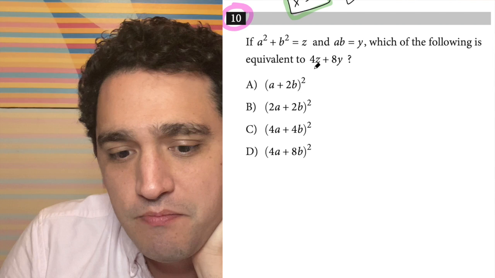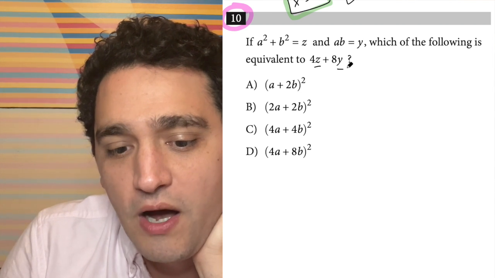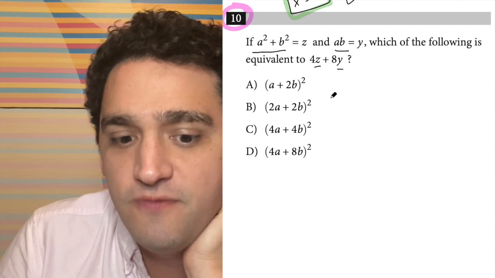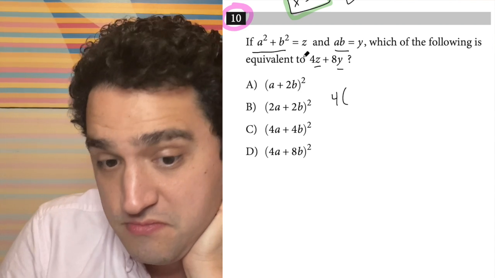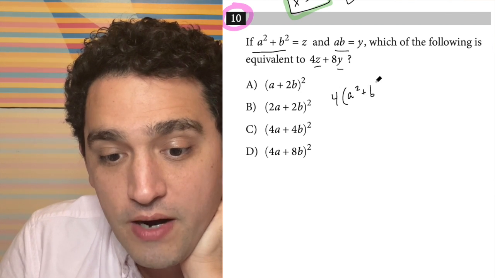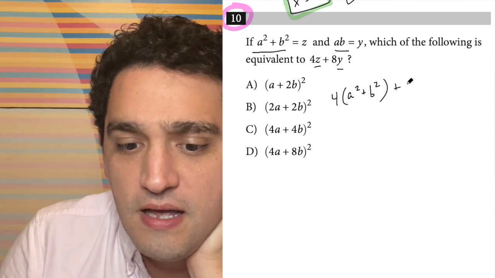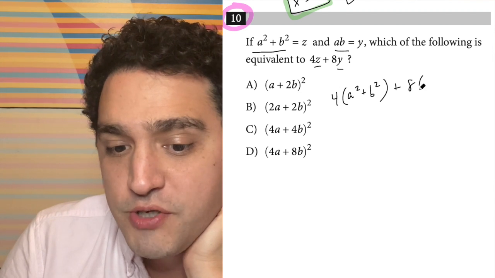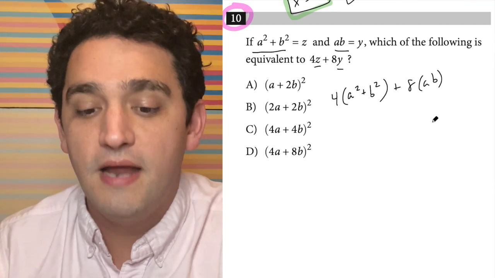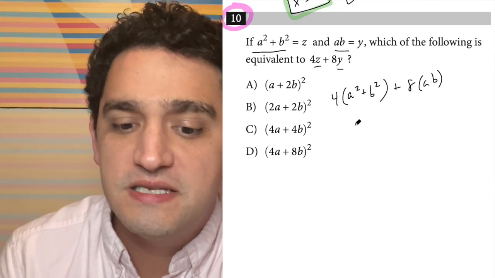Let's substitute both this Z and this Y with their respective values in terms of A and B. So 4Z becomes 4 times, well, whatever Z is, A squared plus B squared. And then we have plus 8Y, which we know now is A times B. Now, let's figure out what this is.